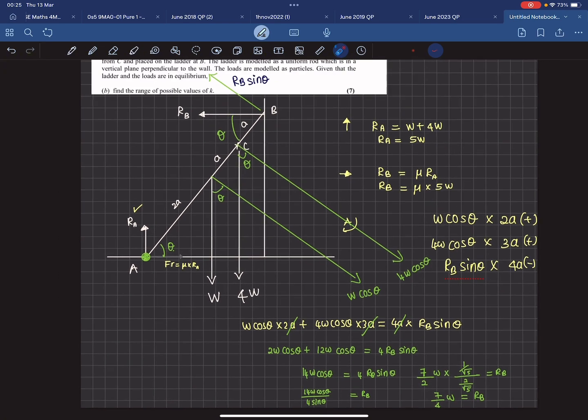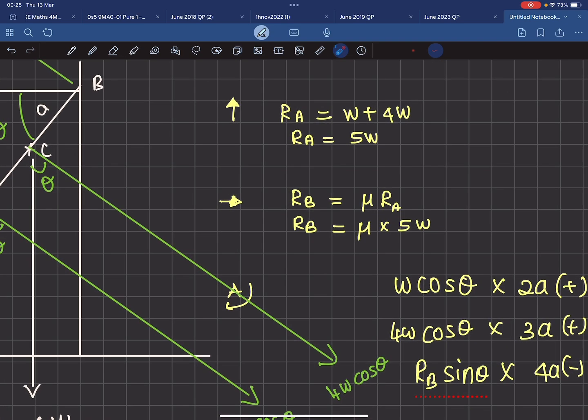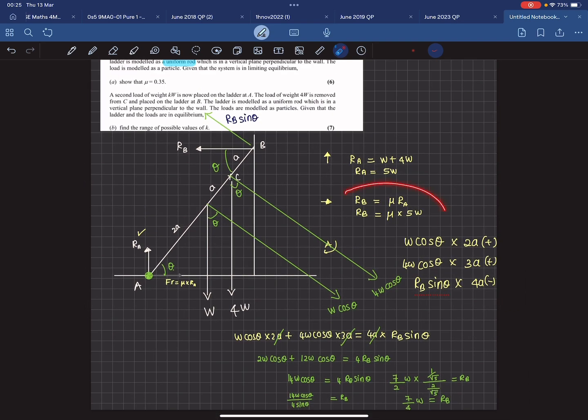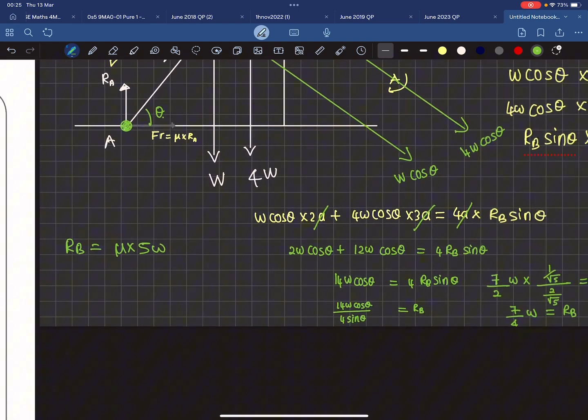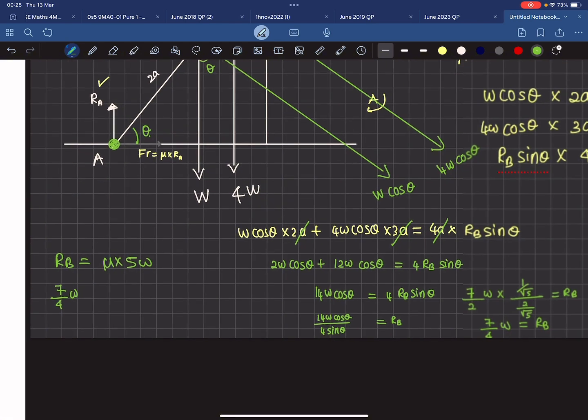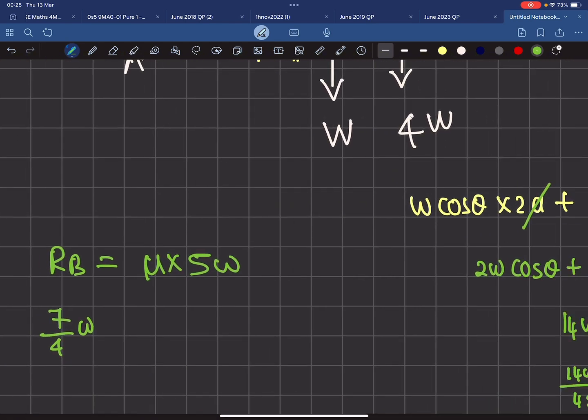Now that I know what is RB, I'm going to put it in here. So RB, I'm applying it into this equation. RB equals mu times 5W. And then RB is given as 7 over 4W equals mu times 5W.